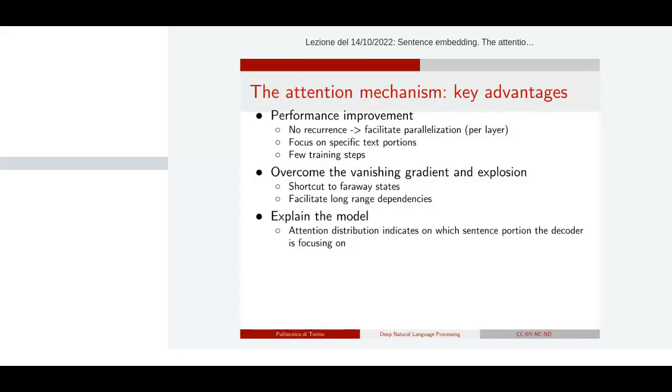So, to summarize, the key advantages of this approach are that we miss the recurrent part of the network. We no longer rely on a recurrent process. Okay, it works. We can focus on specific text portions disregarding the definition of a static context window.